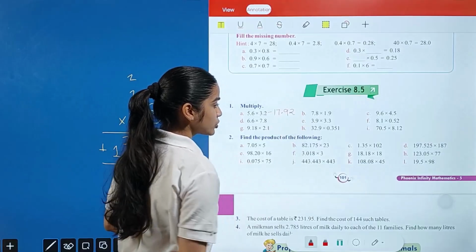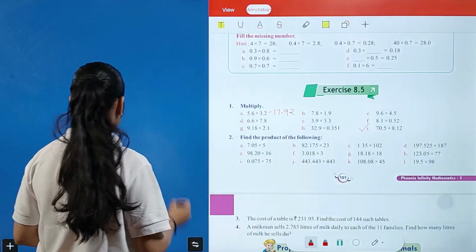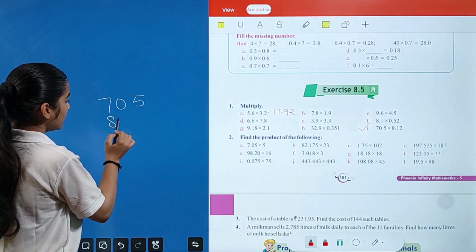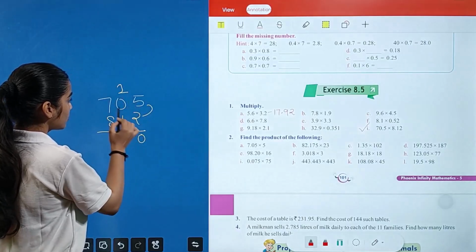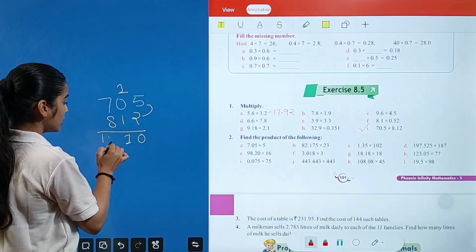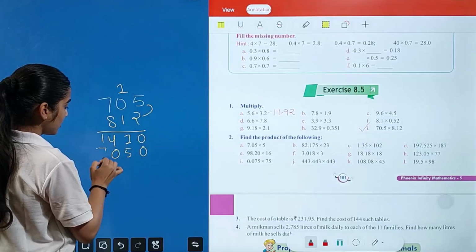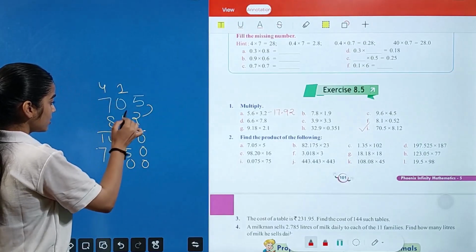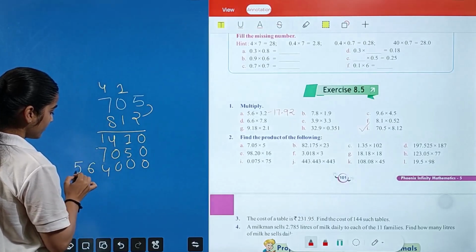Let's take one more question. 705 multiplied by 812. 2 fives are 10, 1, 2 zeros, 1. 2 sevens are 14, 0, 5, 0, 7 0 0. 8 fives are 40, 0, 4. 8 sevens are 56.